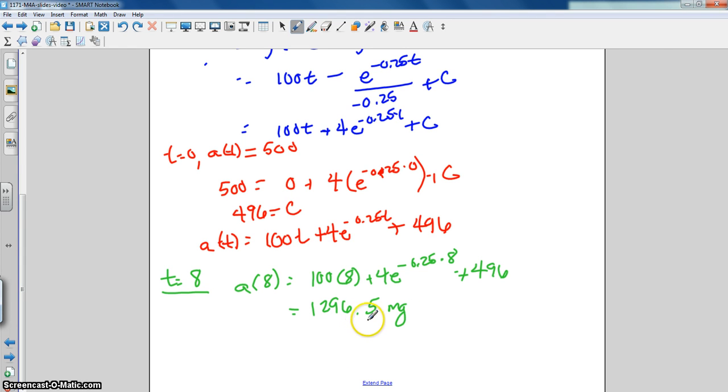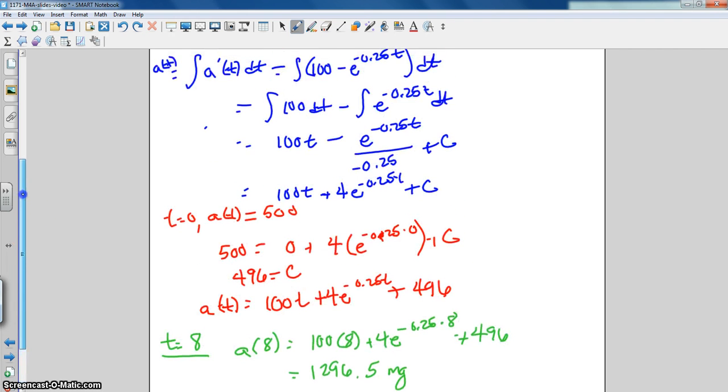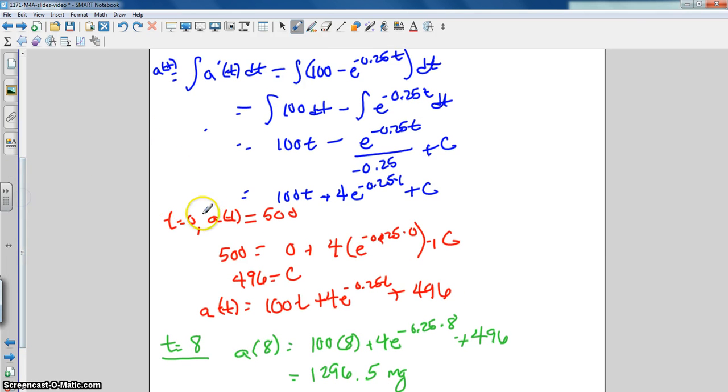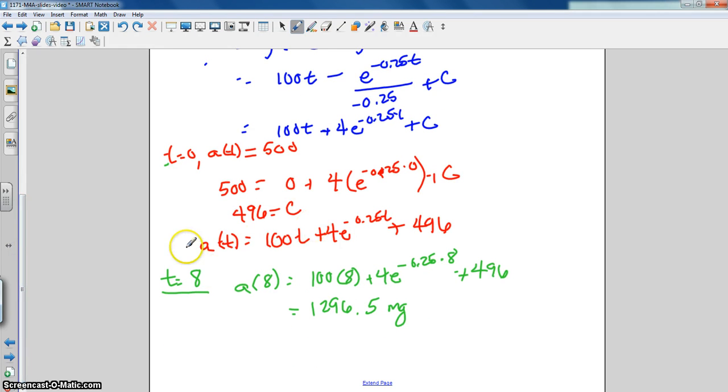Okay, so they have a lot of acetaminophen in their blood, but nevertheless, we were able to go from a rate of change equation to the original equation that describes the amount of acetaminophen in the blood at time t, and then apply the initial condition, and then after we got that, we got the function that describes the amount in their blood at time t, and then determined the amount at time 8.